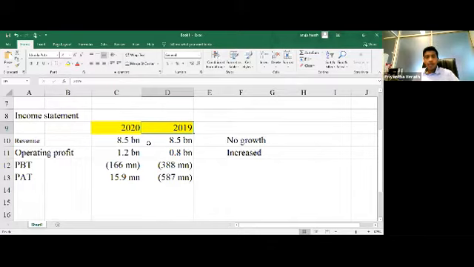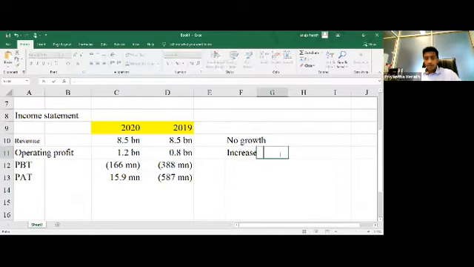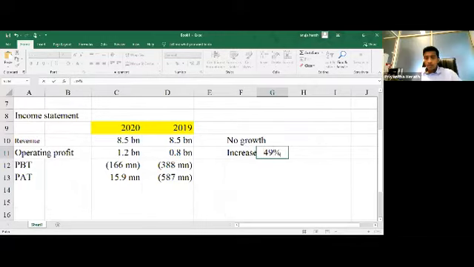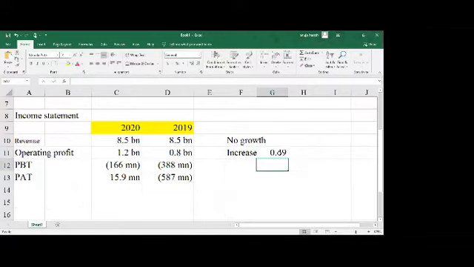But here you can see a difference. Revenue, no growth, but operating profit, there's an increase. If you calculate the percentage, what's the increase? 49% increase, right?